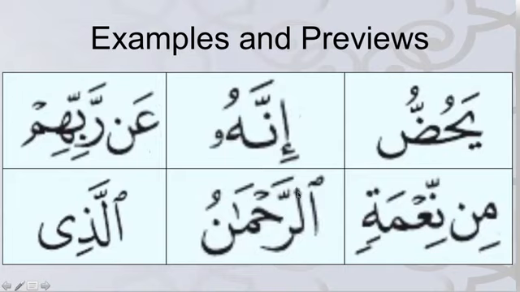But notice this lam has no diacritic on it. The diacritic is actually there. There's supposed to be a sukoon on it, but it's not written. And this ra shadda is supposed to be connected directly with this hamzatul wasl. And because this is a definitive article, hamza and then lam, al, hamzatul wasl is pronounced with the fatha.